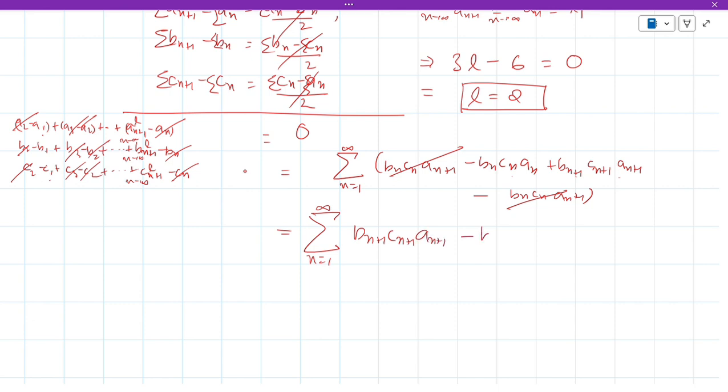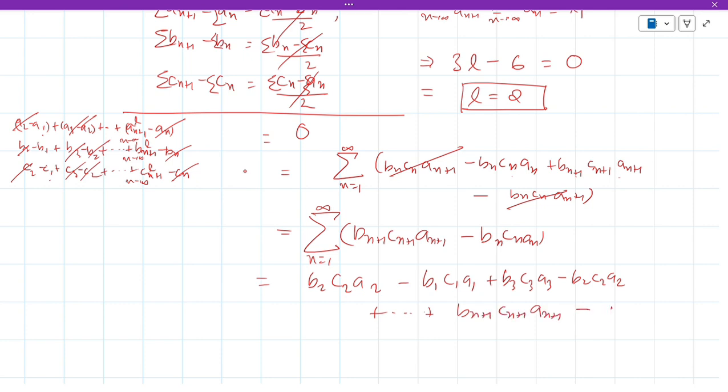If we see, this is a telescopic form because it has a sequence difference of 1, right? n plus 1 and n. So putting n equal to 1, we get b2 c2 a2 minus b1 c1 a1. Similarly, putting n equal to 2, we get b3 c3 a3 minus b2 c2 a2, and so on up to bn plus 1 cn plus 1 an plus 1 minus bn cn an, limit n tending to infinity.